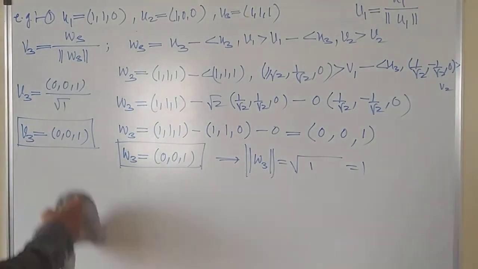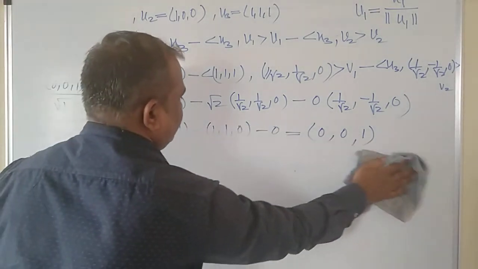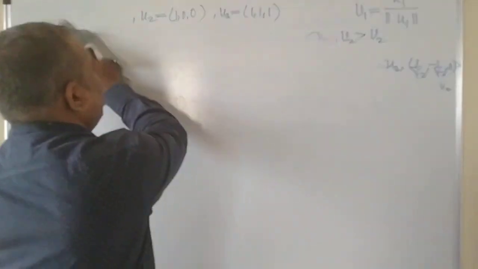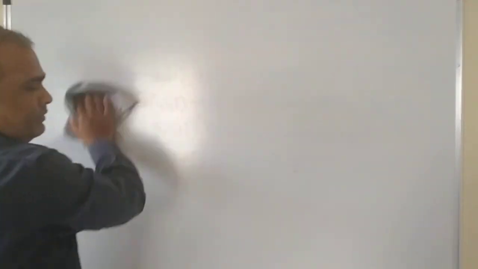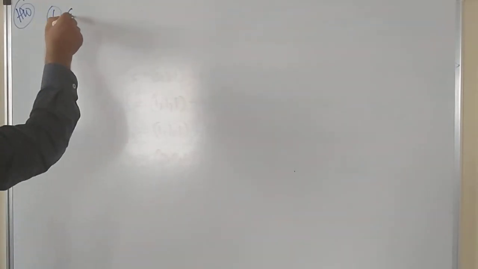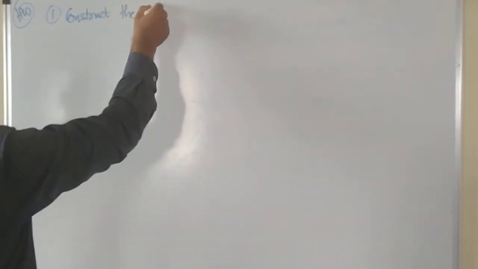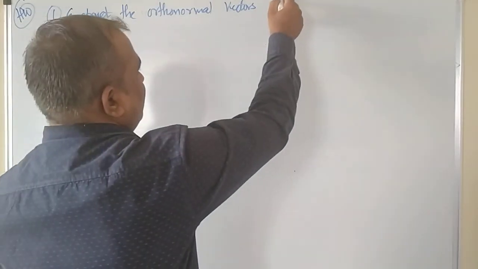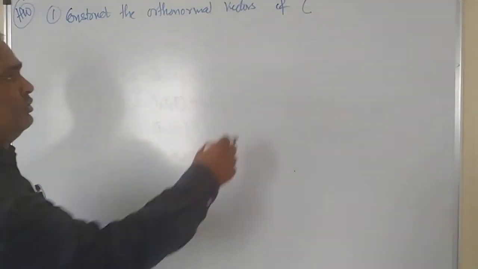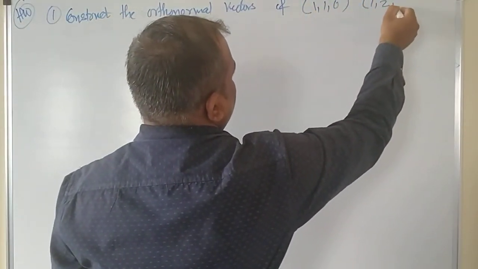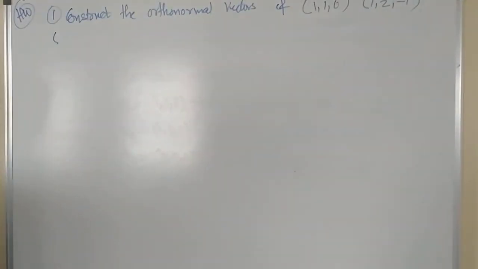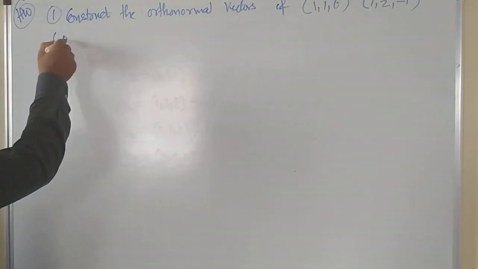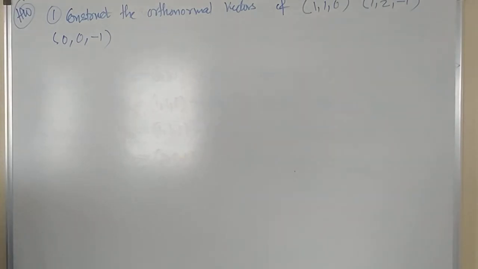Now I will give you some examples for homework. The first homework example: construct the orthonormal vectors of the given vectors 1, 1, 0.